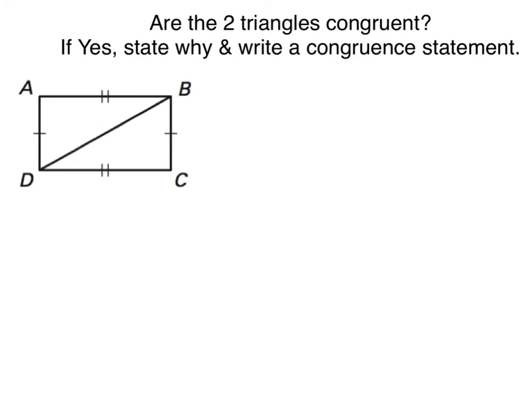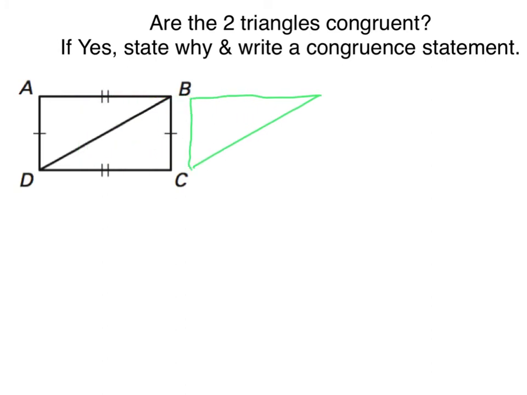So here are some examples. Are the two triangles congruent? If yes, write a congruent statement. Here you look at the triangles, and one thing you might notice is that the triangles are right on top of each other. So sometimes it's a great idea to rewrite the triangle. So there's one triangle.